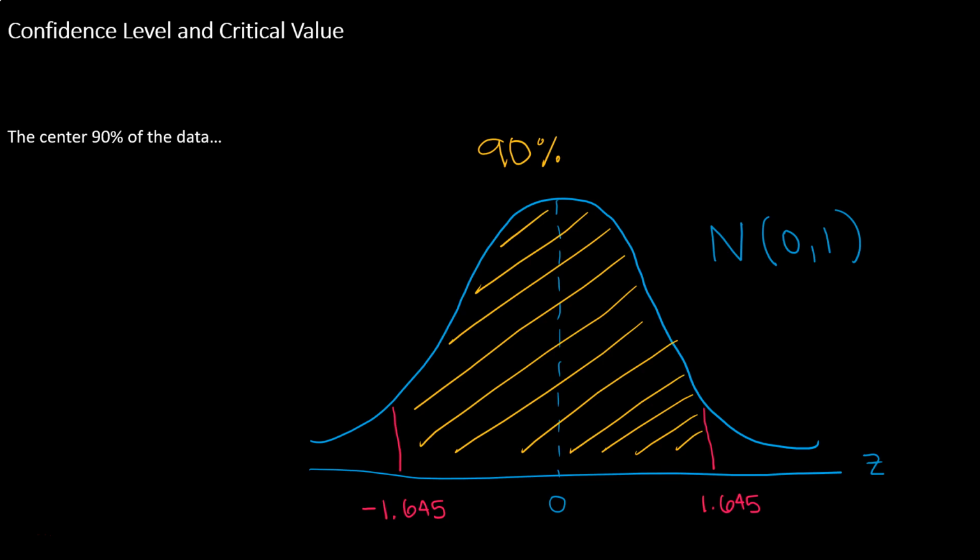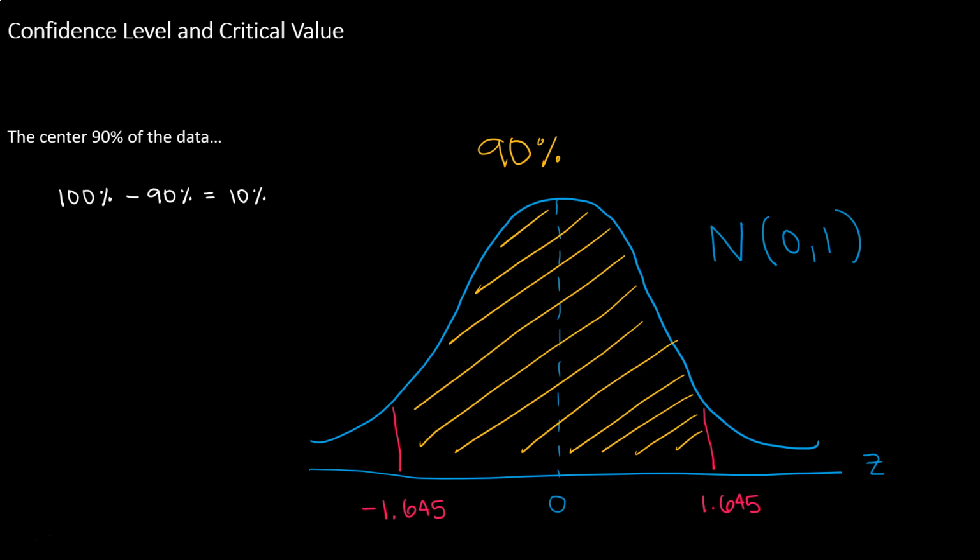These values separate the inner 90% from the outer part of the data. To find that outer part, we just subtract the 90% in the center from the total area, and we find that there's 10% outside of the z-scores that we've found.